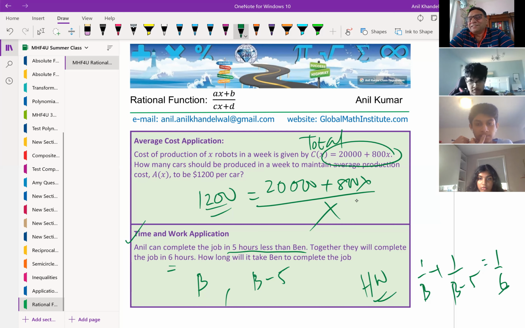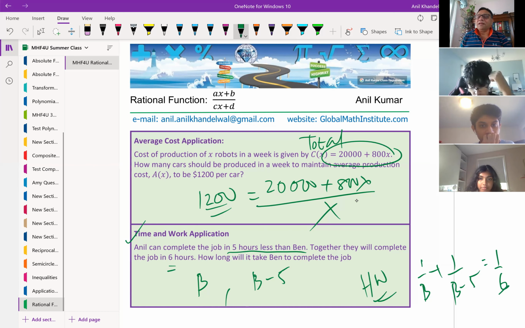Hamza, do you understand this? Vishruta, do you understand this? Very important, a very difficult equation to derive, but now you understand. Rate: we have to see what is the work done in 1 hour. So if in 6 hours I will do the whole job, in 1 hour it is 1 over 6, correct?